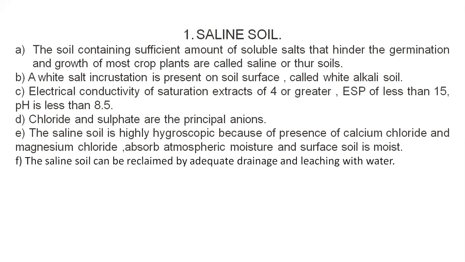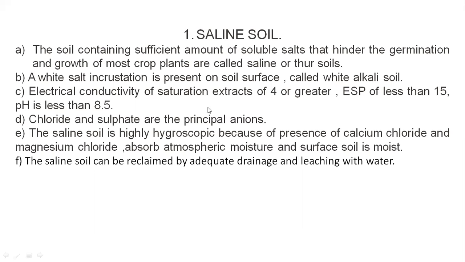When someone asks you what the electrical conductivity of saline soil could be, you have to say that it should be 4 or greater than 4. With respect to ESP, it could be 15 or less than 15, and with pH less than 8.5, that soil will always be saline soil.